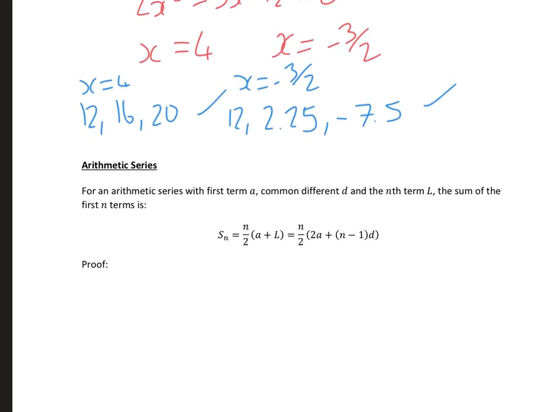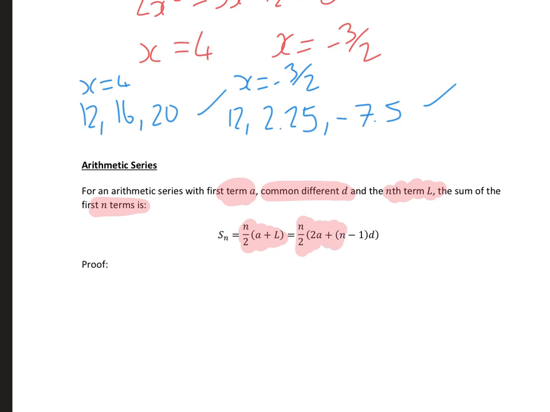If I want to talk about an arithmetic series, if I'm adding together the first n terms, where the first term is A, the common difference is D, and the nth term, the last term of my sequence, is L, then the sum of the first n terms is given by the formula n over 2 times (A plus L).